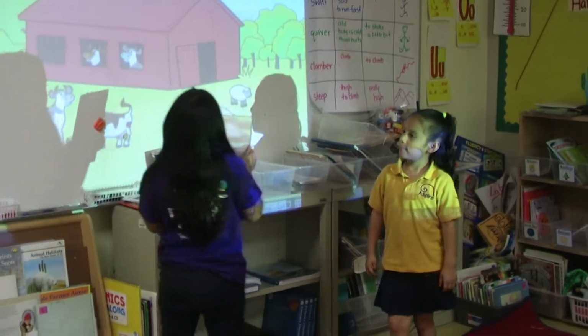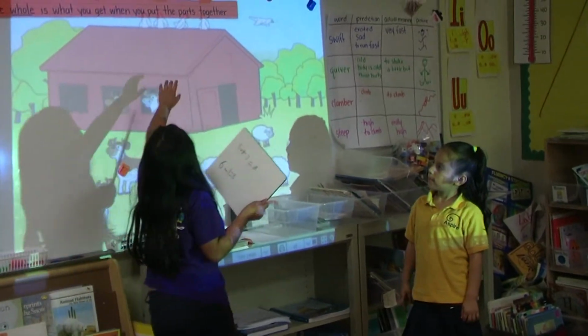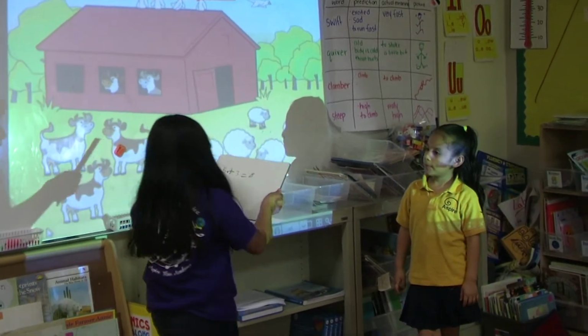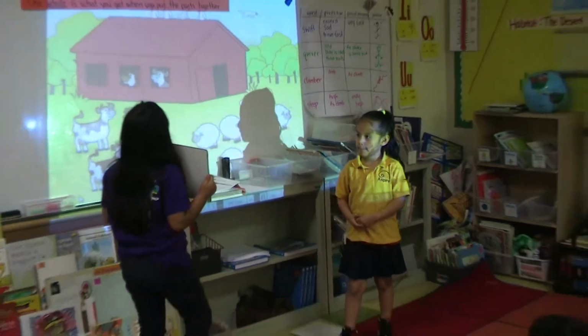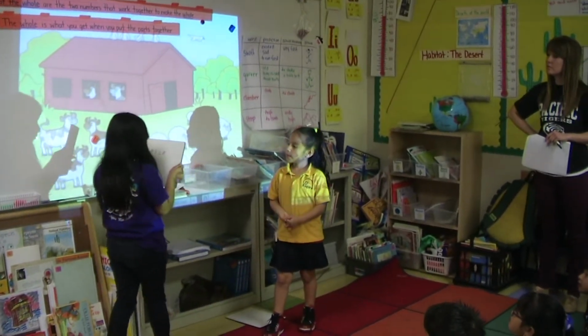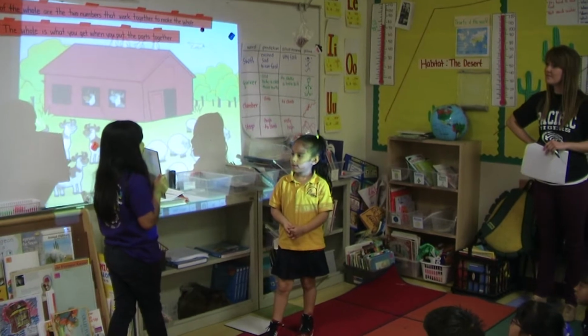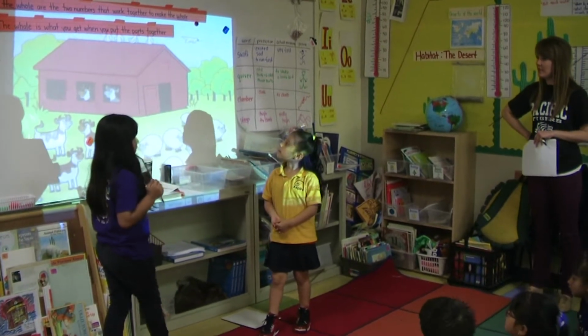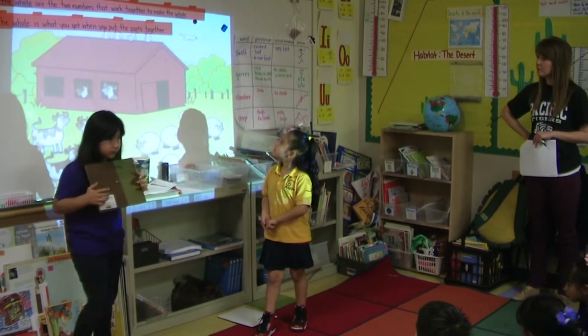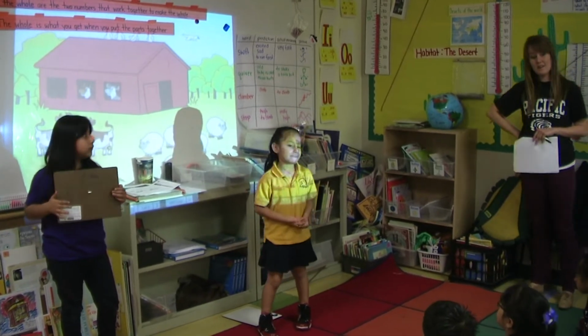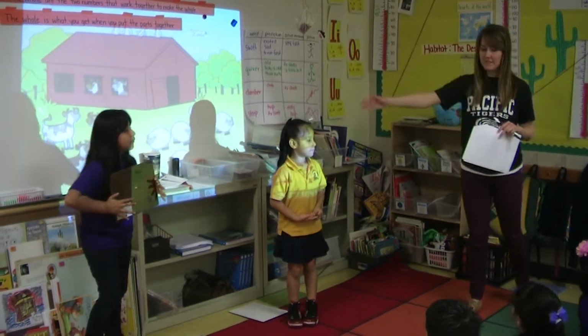Which animals did you choose? You chose the birds? Okay, so you started with 5. 5 take away 1 equals 4. Okay, why did you take away 1, Isleni? Because 1 flew away. Oh, very interesting. All right, friends, take a seat.